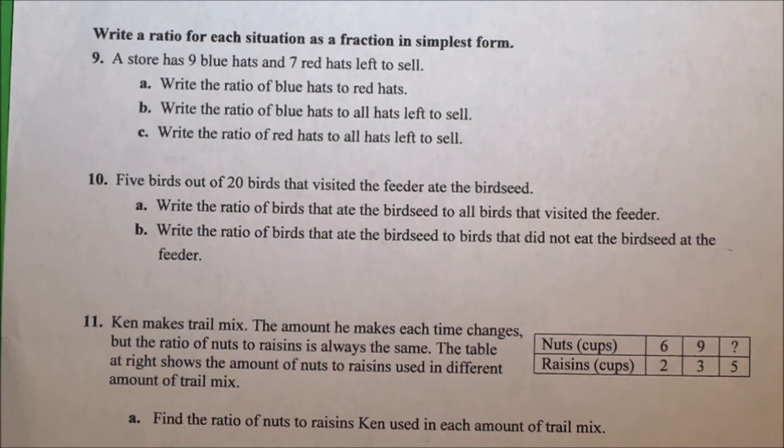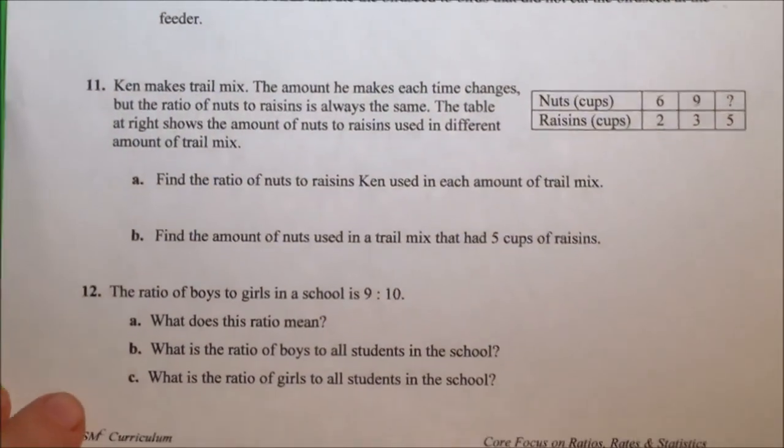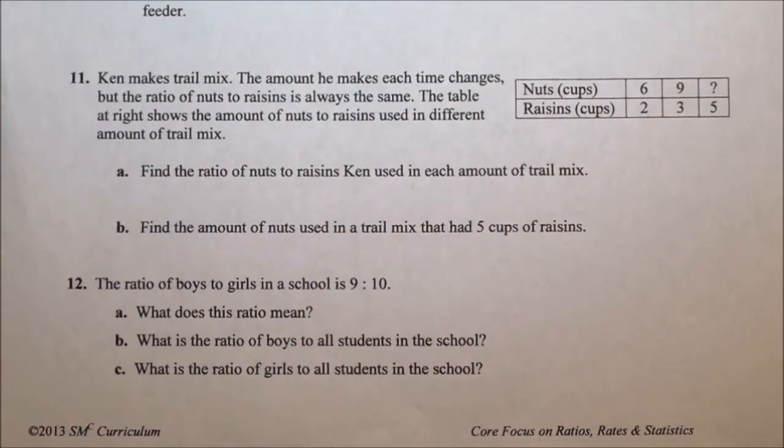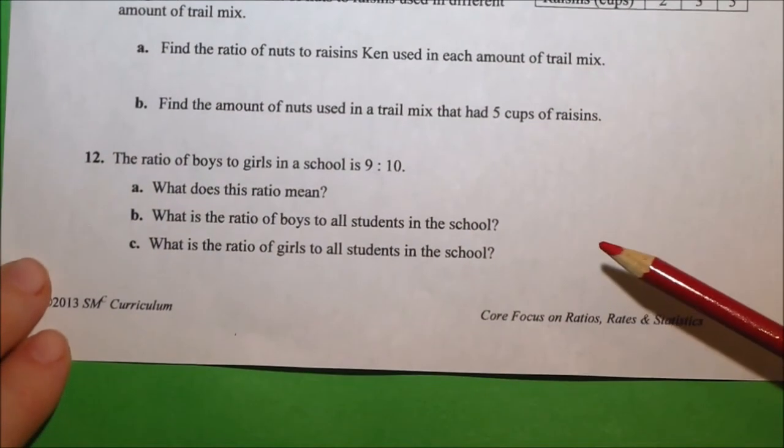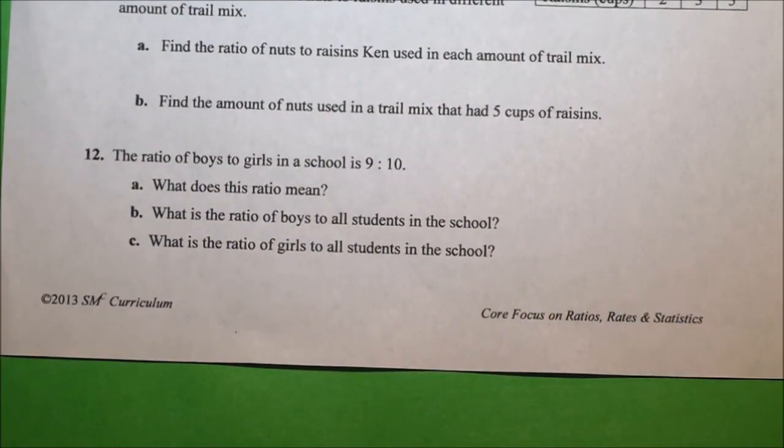Just pay attention to what it's asking you. And then number 11 is very similar to the marbles one we did in our notes. So just take a look at what you're doing there. And then number 12, very similar to the students in a class that we did. All right. So you should be well prepared for those.